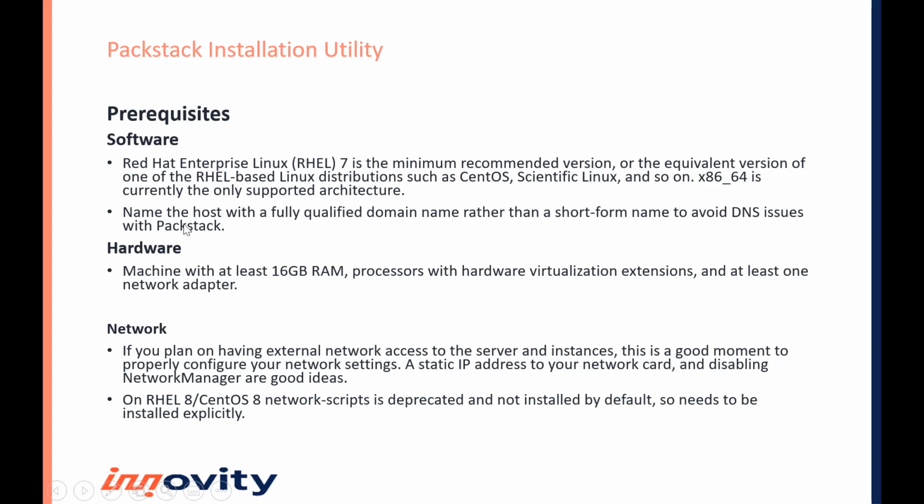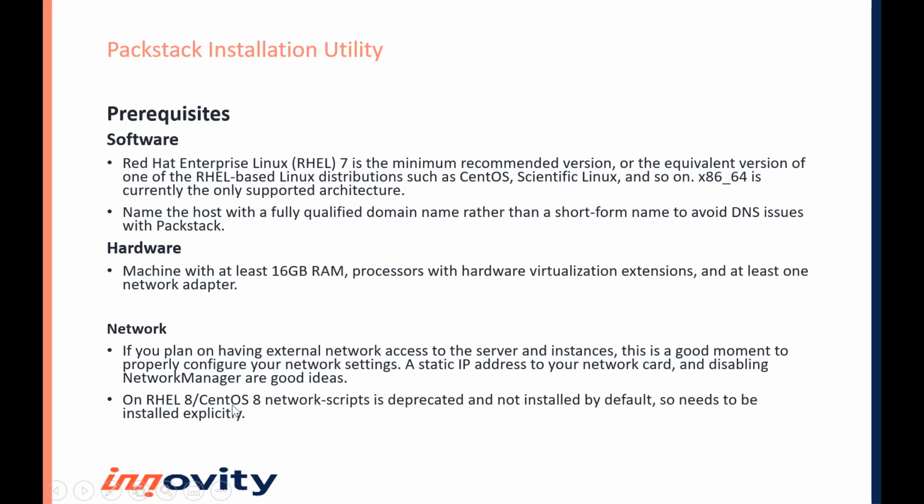So we'll be using the Packstack utility to install OpenStack. And for the hardware, you should have at least 16 GB RAM available, processors with the hardware virtualization extension, and at least one network adapter. That should be your hardware requirement.